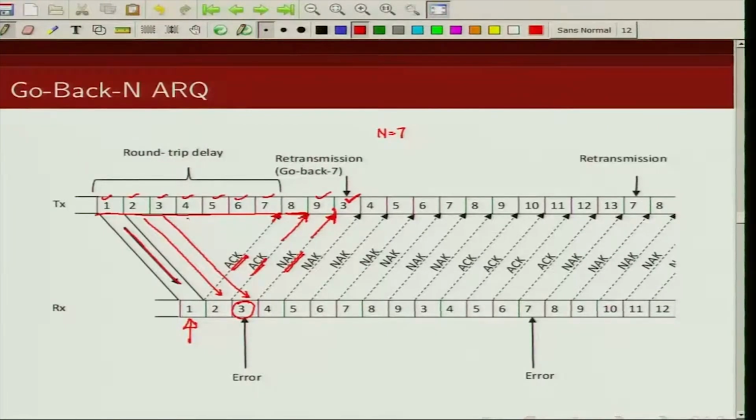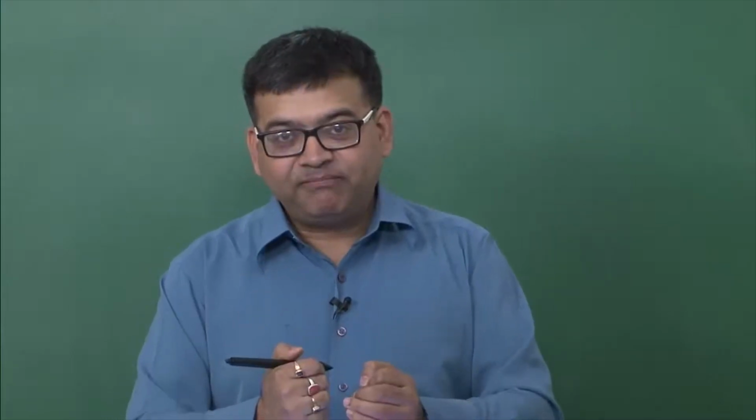Similarly, you get a 4 here which is received correctly, so you send the next packet after 3, which is 4. Like that, we are going to send the next 7 frames: 3, 4, 5, 6, 7, 8, 9. So in go back n, whenever we receive a packet in error, we start retransmitting from that packet.